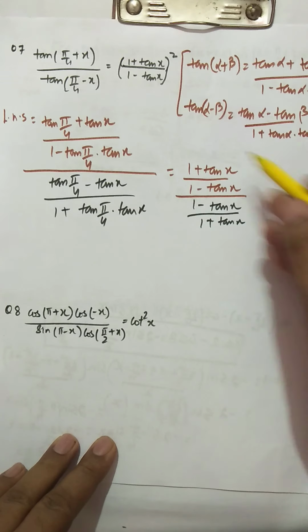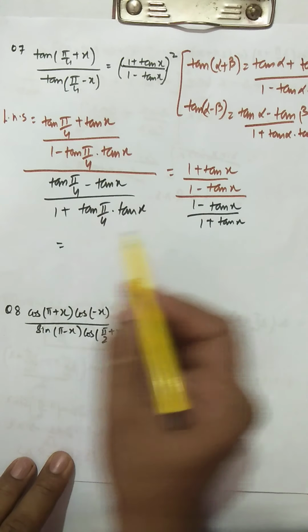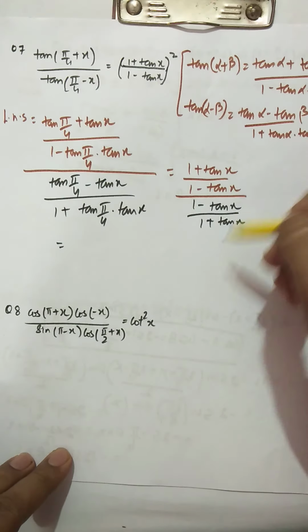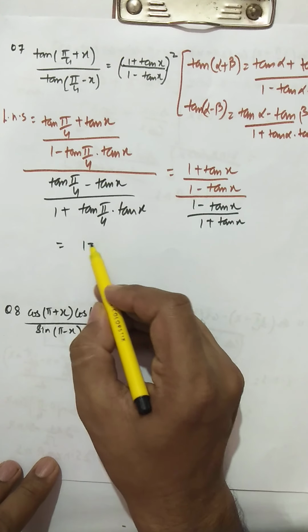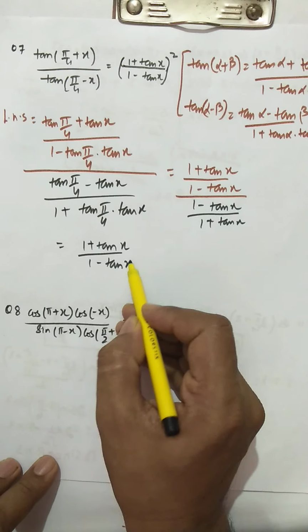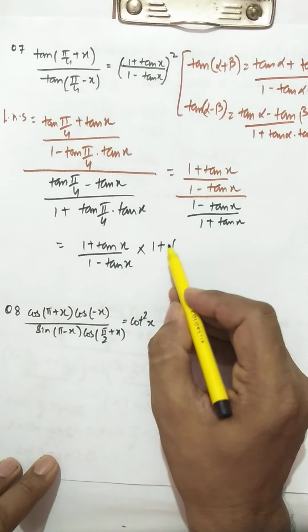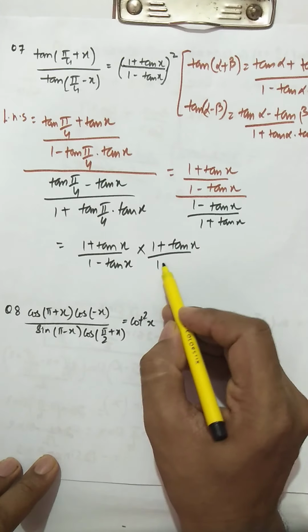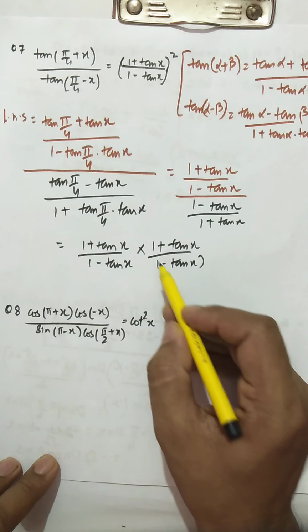Now you know what you are supposed to do here. You take the reciprocal and multiply. So 1 plus tan x upon 1 minus tan x you write as it is, into 1 plus tan x and 1 minus tan x you write here.